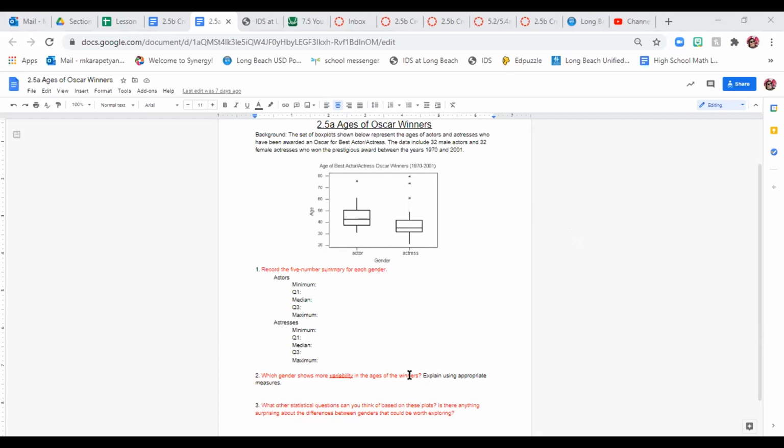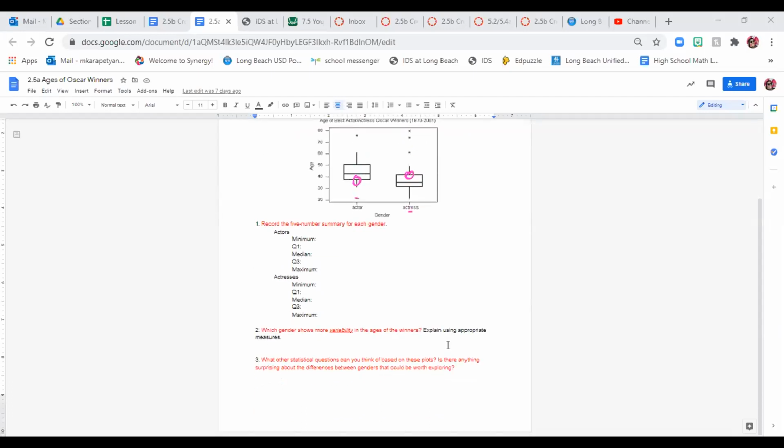But you need to be careful because when you have outliers, this end does not end up being your maximum or your minimum. The asterisks are considered, in this case, these are higher, so we're talking maximums. So your maximum here and your maximum here for actors and actresses. No, you should count them.